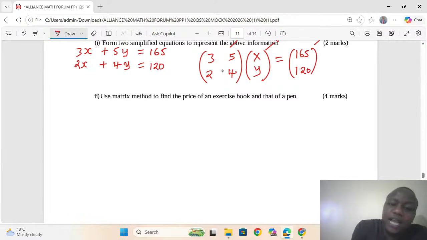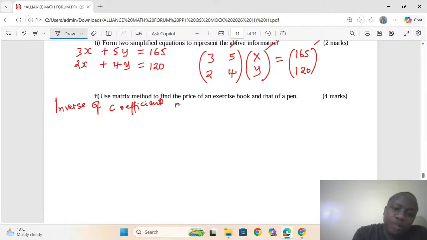So we are supposed to find the inverse of the coefficients matrix. We start with the determinant.